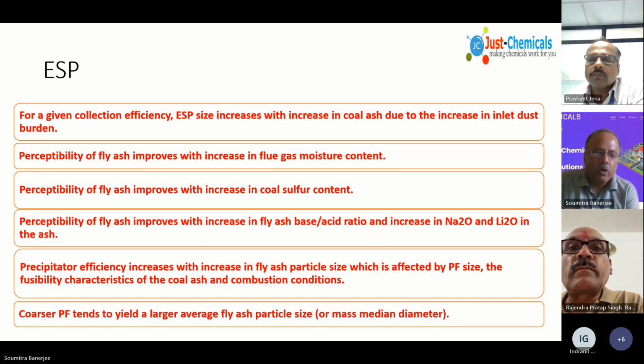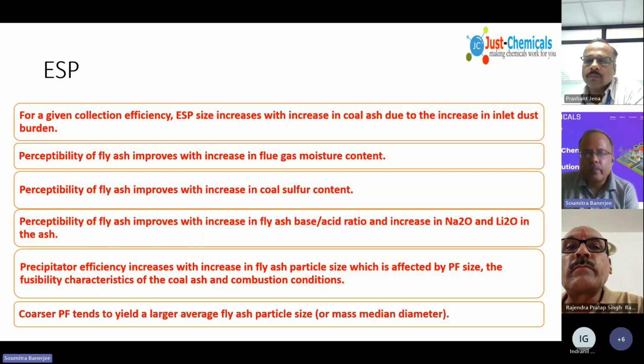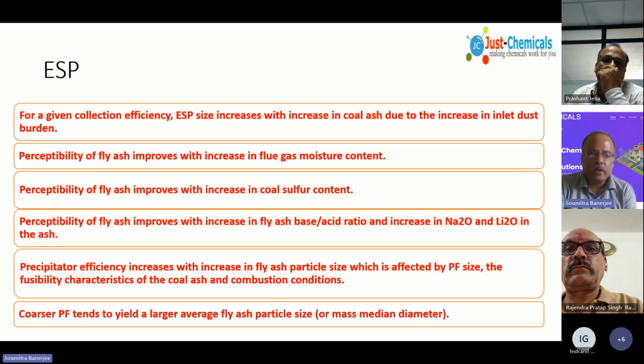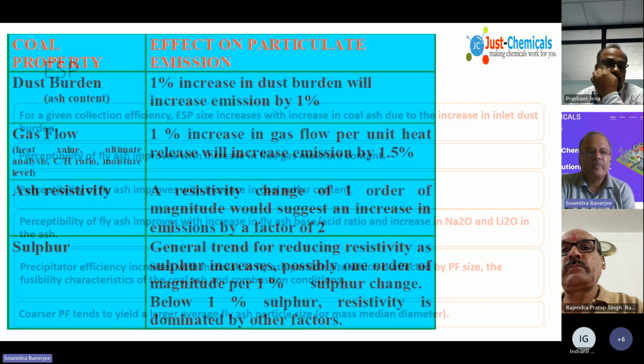Precipitability of fly ash improves with the increase in fly ash base by acid ratio or sodium oxide and lithium oxide in the ash, and precipitator efficiency increases with increase in the fly ash particle size, which is affected by pulverized fuel size. So you don't have pulverized fuel, so coarse PF tends to yield a large average fly ash particle size.